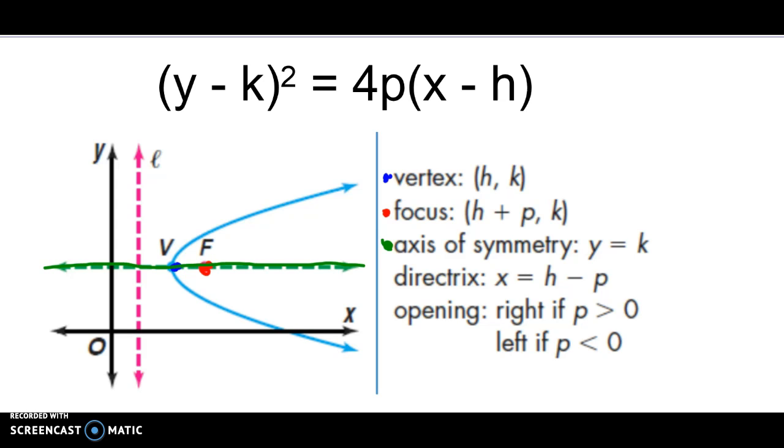And then the very last thing is our directrix, and that is the line that goes perpendicular to the axis of symmetry, and this time it is added or subtracted to the h value. So we are basically subtracting it from there, or you're adding the opposite if you want to look at it that way, because sometimes it's a negative sign.